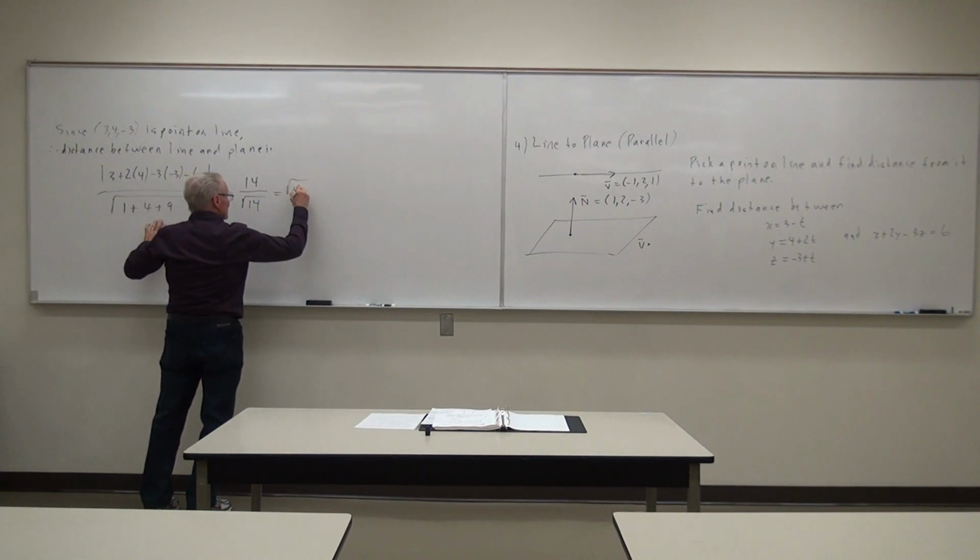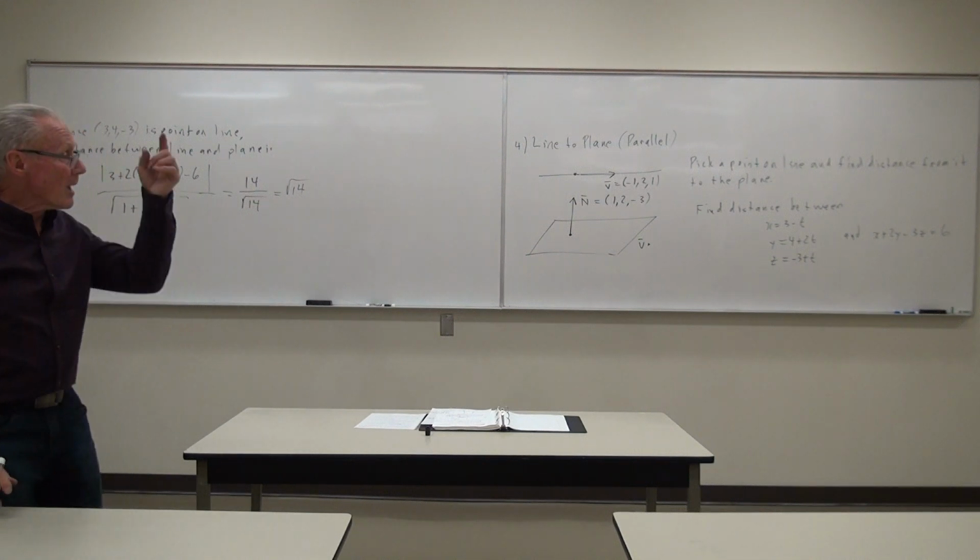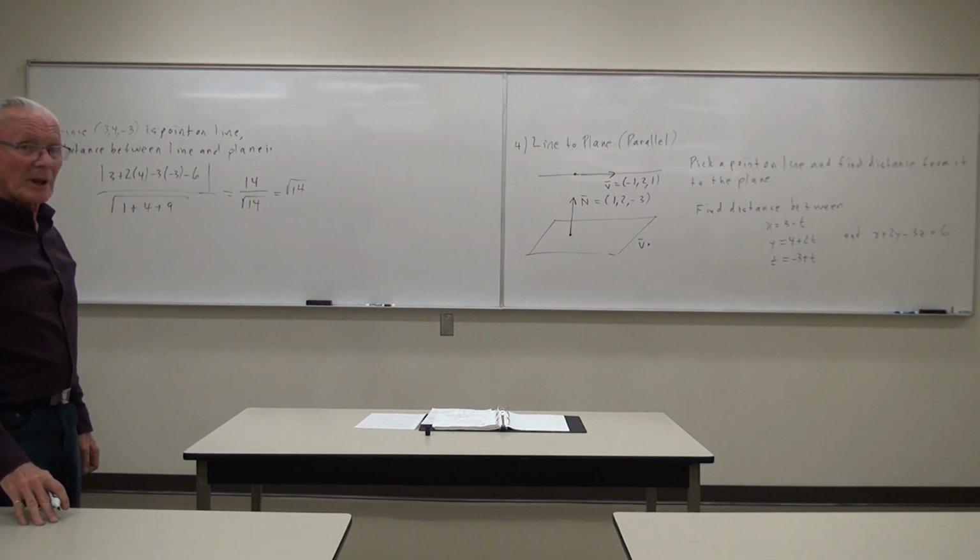So the square root of 14 is the distance from the line to the plane.